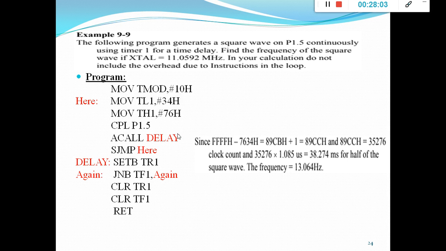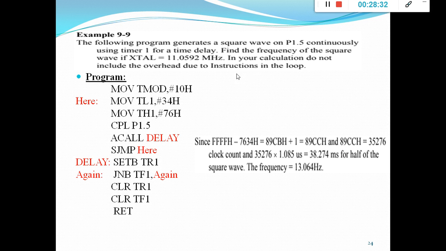Now calculate the period for this initial count, that is 7634. This is calculated in terms of hex. The maximum value FFFF minus 7634 gives 89CB, plus 1 gives 89CC in hex. When you convert this into decimal, it is 35276 clock counts, and this has to be multiplied with the period.